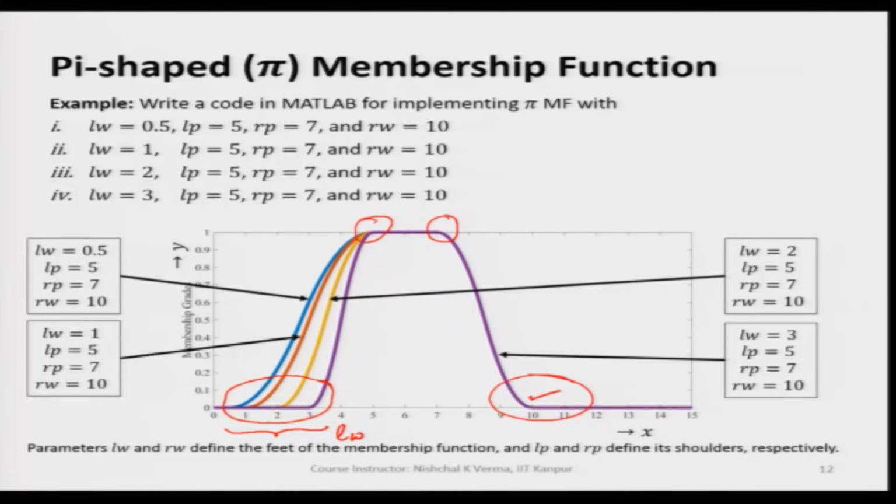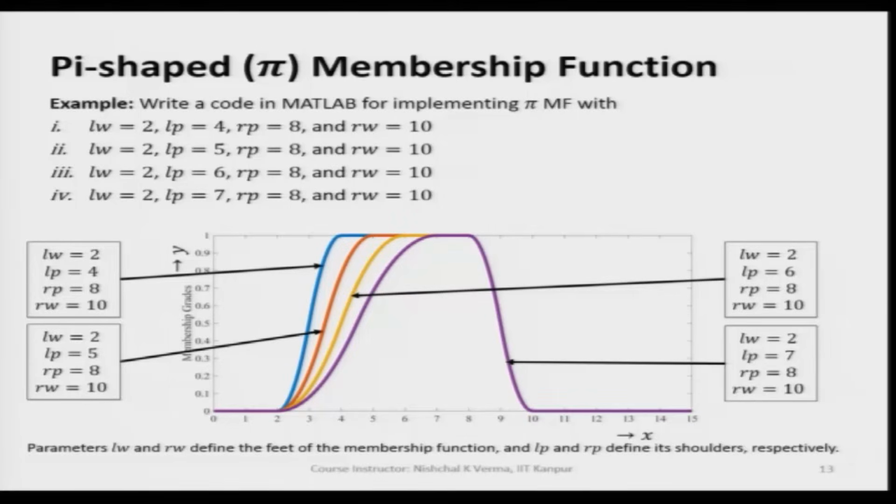And then similarly, if we take another example, we see that the left feet remains the same in all the 4 cases, and only LP is varied. We are changing the values of LP only, and since the left feet values are the same in all the 4 cases, the left feet remains the same.